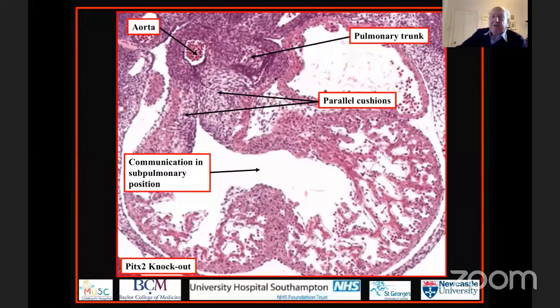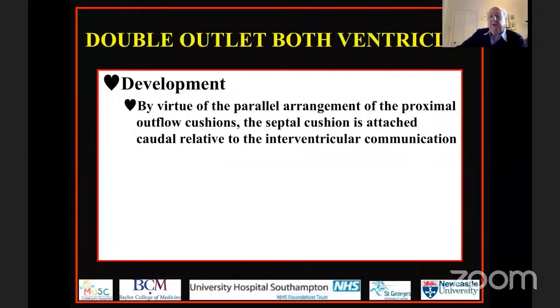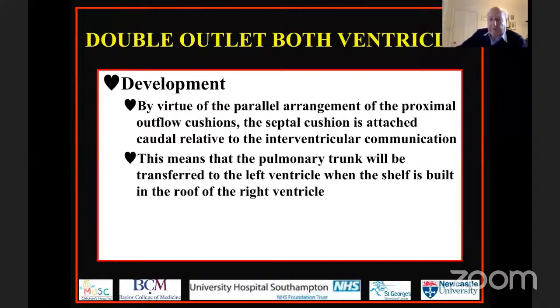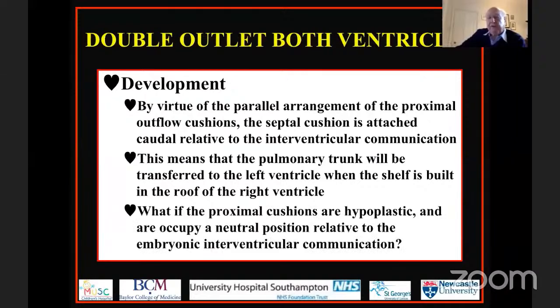And that commits now the pulmonary root to the interventricular communication. And by virtue of that parallel arrangement of those cushions, the septal cushion is now attached caudal relative to the interventricular communication, meaning that as the shelf is built in the roof of the right ventricle, the pulmonary trunk is transferred to the left ventricle.